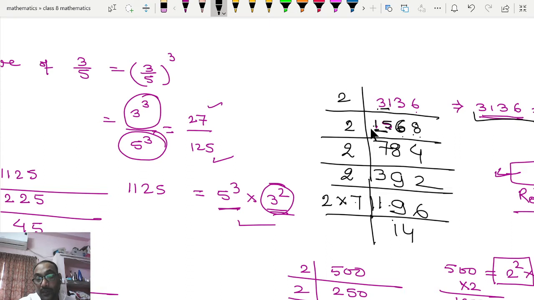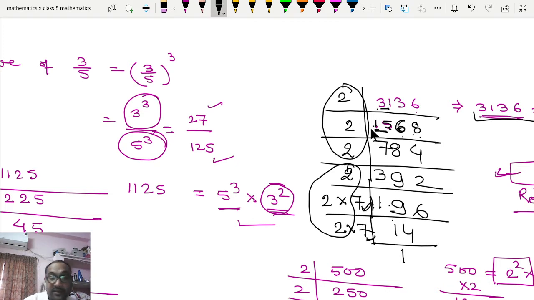The square of 14 means the factorization of 14 is 2 into 7. You will get 14, and again 2 into 7, we will get 14. So if you find the factorization of this number, 3 times 2 means it is in the form of a cube. 3 times 2, it is in the form of a cube. But there is only 2 times 7.